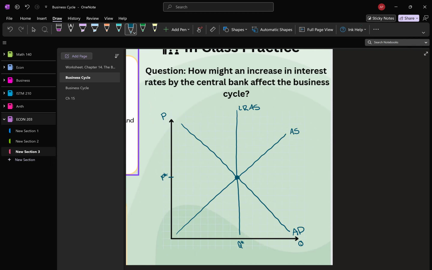So on the graph, this would cause a leftward shift in the AD curve. So let's choose a different color so we can see.